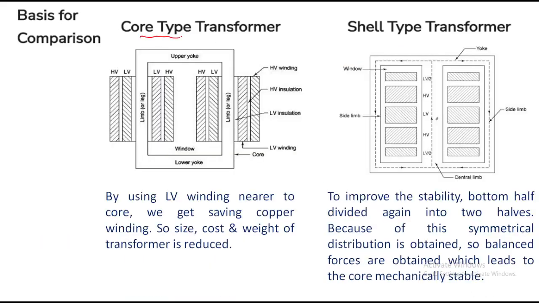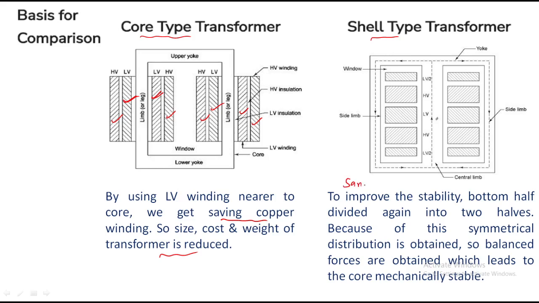So coming to the core type transformer, this is the placement of winding. See, some part of the LV winding, over that we have HV, like that LV and HV. By using the LV winding nearer to the core, we save copper winding, so the size, cost and weight of the transformer are reduced. But coming to the shell type transformer, what is the placement of winding?